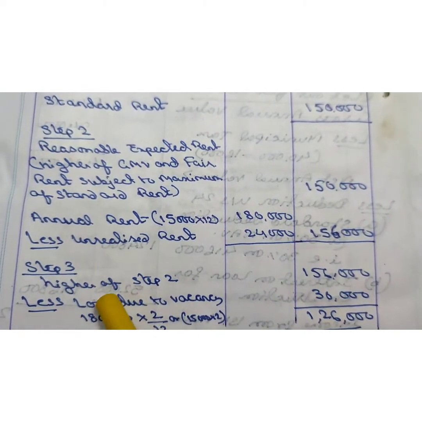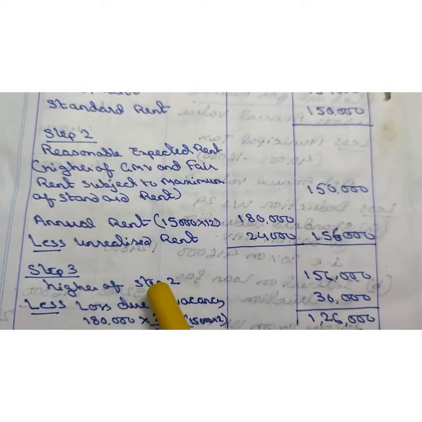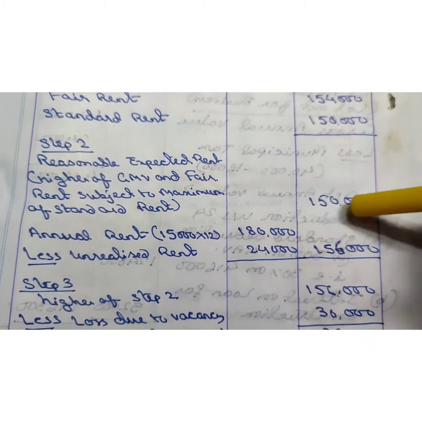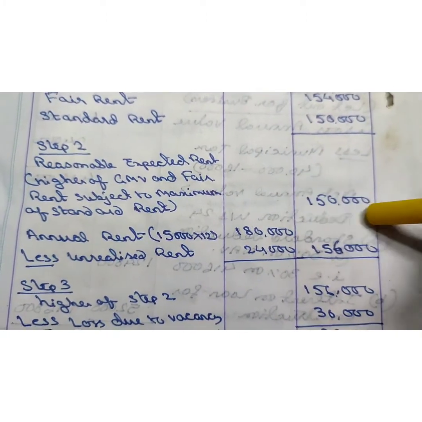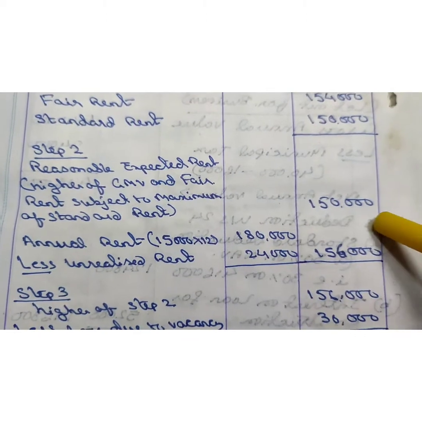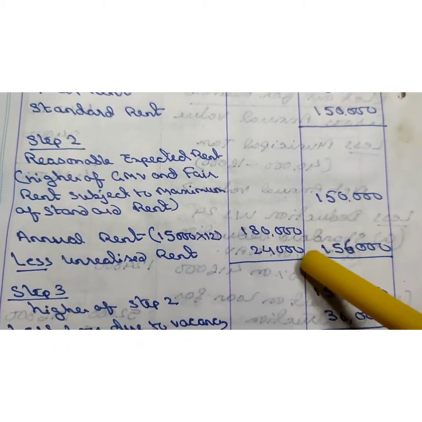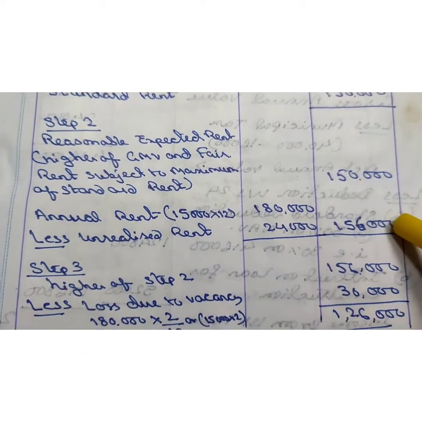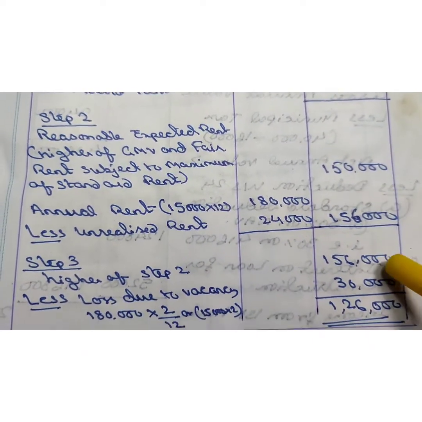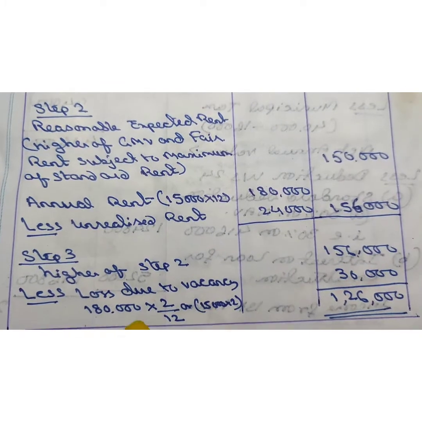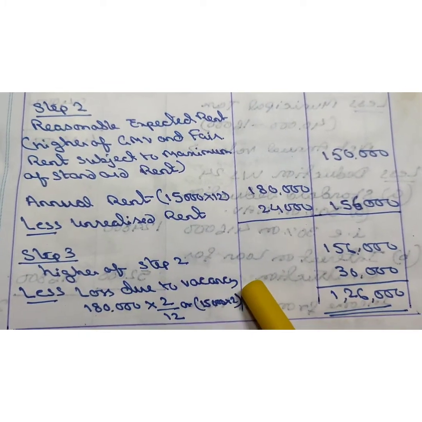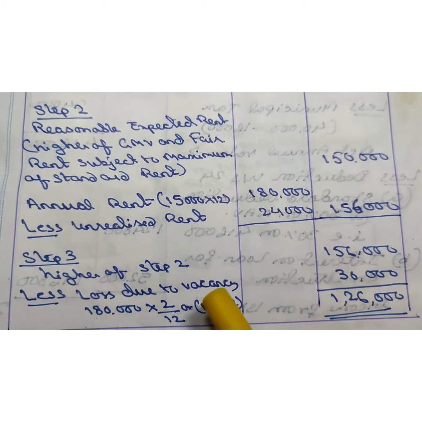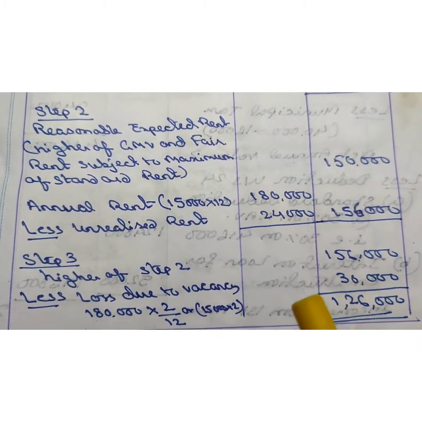Now the next part is step 3. Step 3 is the higher of step 2. That means reasonable expected rent of rupees 1,50,000 and annual rent of rupees 1,56,000. We have to compare these two, and the higher of these two is 1,56,000. There is a loss due to vacancy. Now how can we calculate loss due to vacancy? There is a 2 months loss due to vacancy.